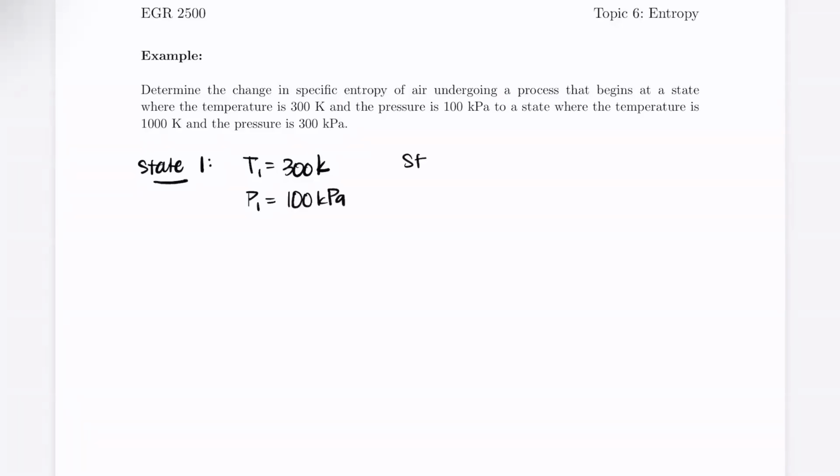And then state two: T2 is equal to 1000 K and P2 is 300 kPa. All right, and we want to find S2 minus S1.